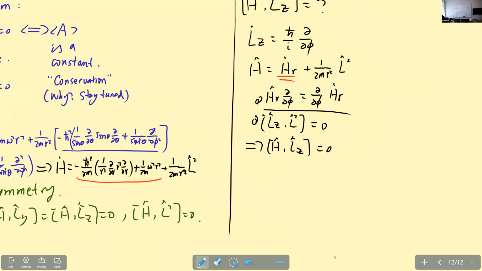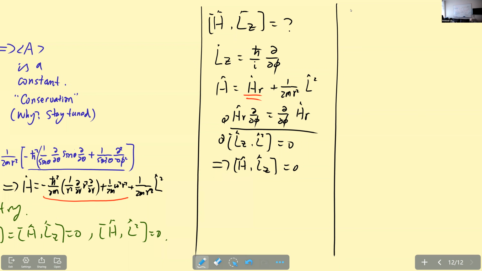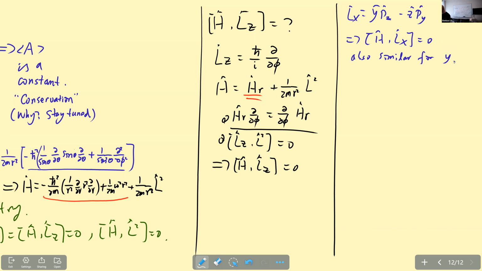A better way is that if you write this, you can actually write Lx equals y times Pz minus z times Py. That's easy, okay? And then you can check that the commutator of H and Lx equals 0. And also, similarly, for y, okay?